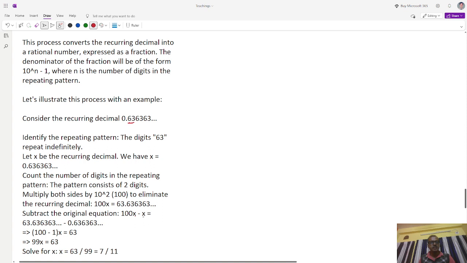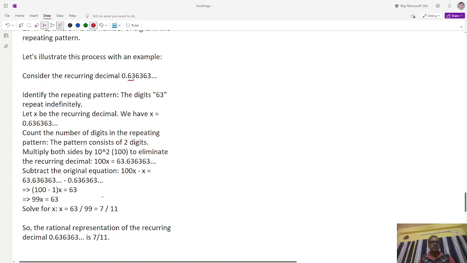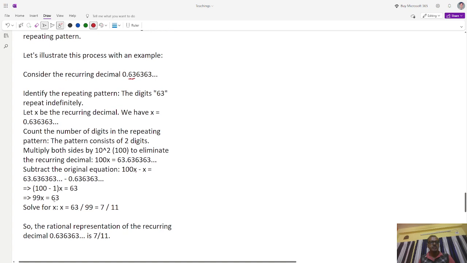Subtract the original equation. 100x minus x equals 63.6363 repeating minus 0.6363 repeating. So the recurring part is eliminated by subtraction, and we get (100 minus 1) times x equal to 63, that is 99x equals 63.